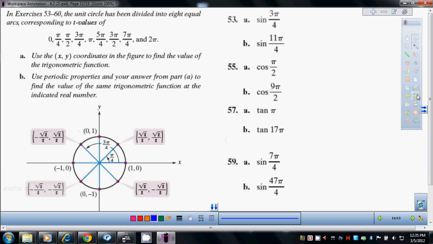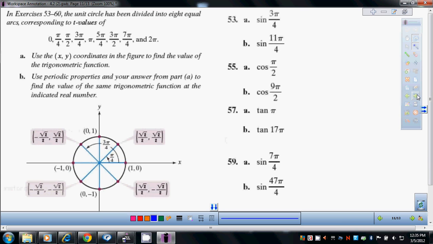Well, what's 53? What is sine of 3 pi over 4? So would part B. Because they're the same angle, exactly. Just after another revolution. So that's, yeah. Okay. Questions? Sure.